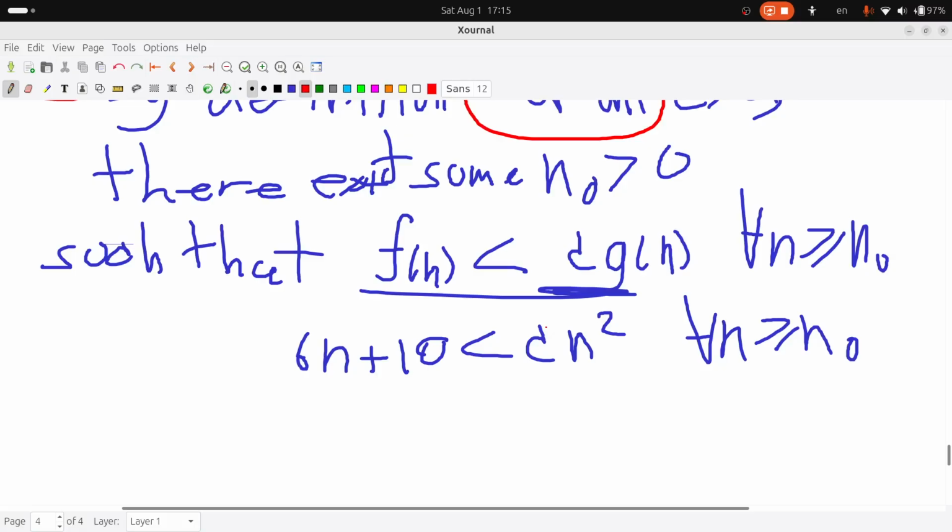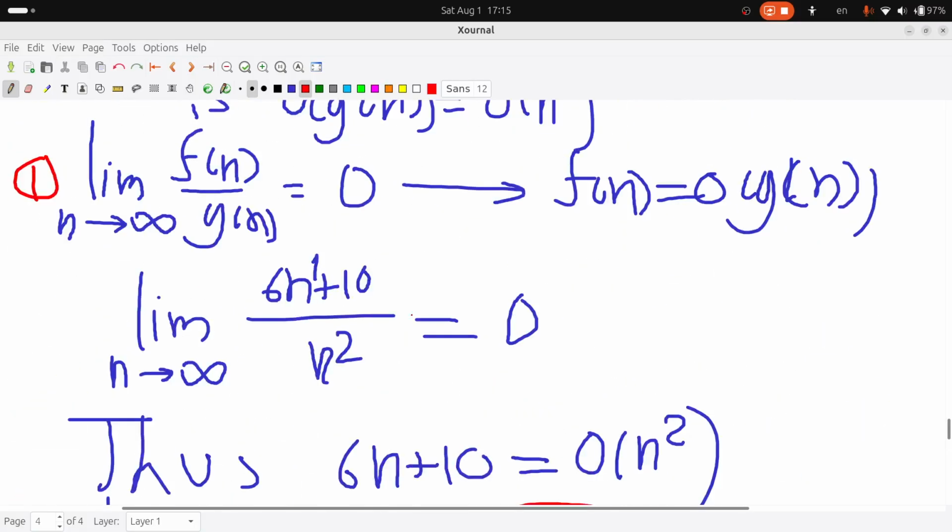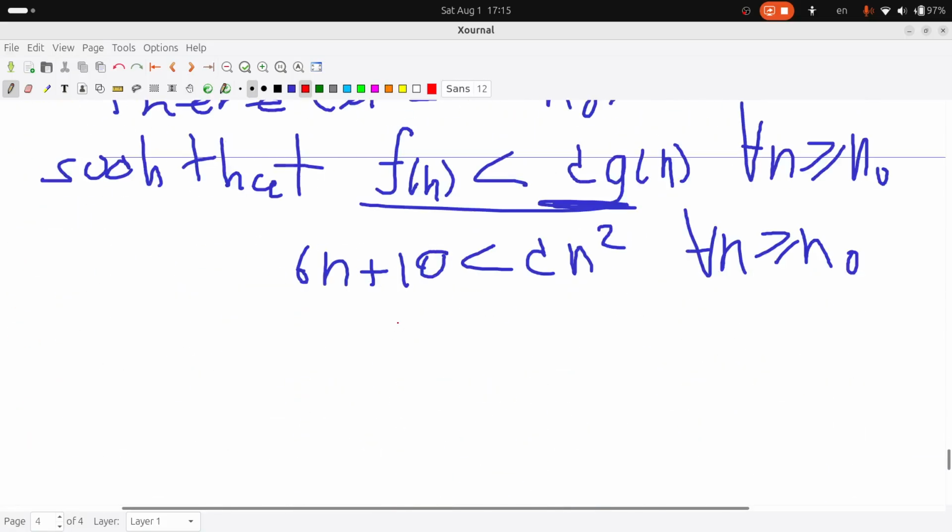So what can we do? If we don't use the limit method, little o is going to be hard to prove, but I will try.